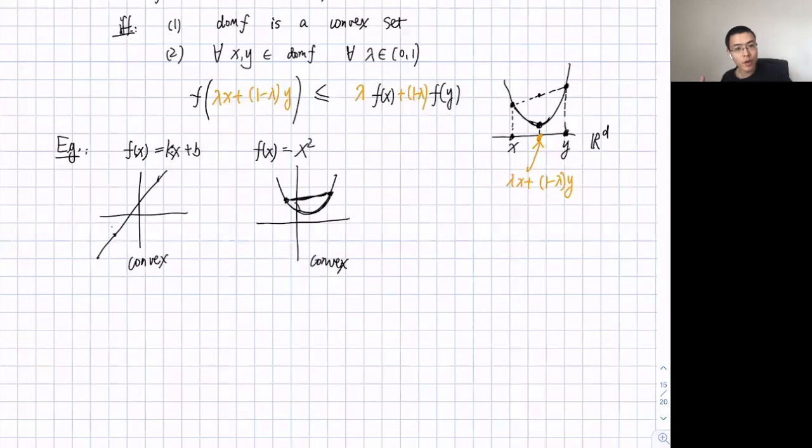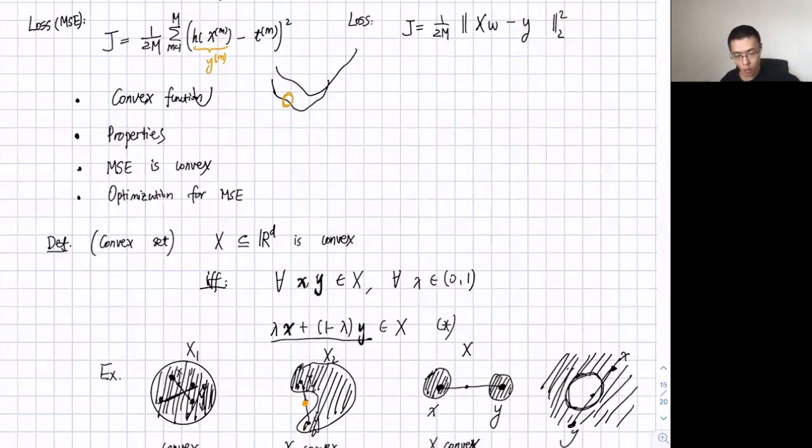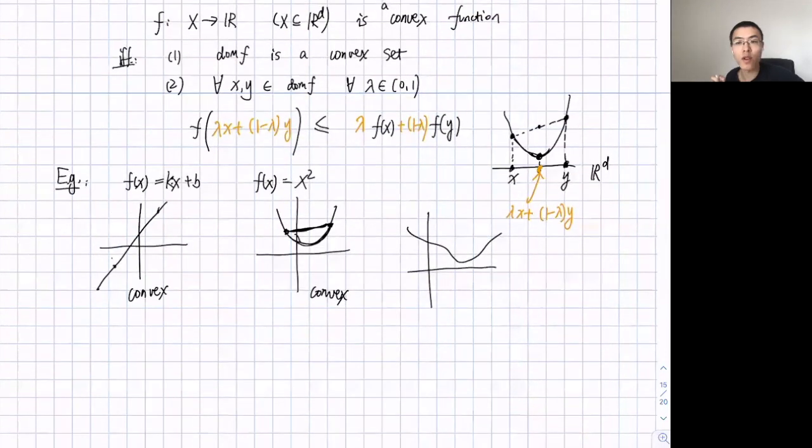But with this very rigorous definition, now we can analyze whether this other function is convex. It still looks like it's curving up in general. But is that function convex? The answer is no, because now I can choose two points. To show that a function is not convex, I have the right to choose two points, and I also have the right to choose lambda such that this condition does not hold.